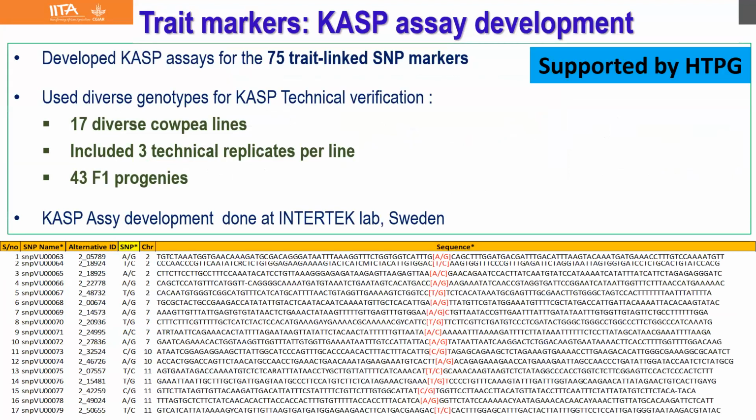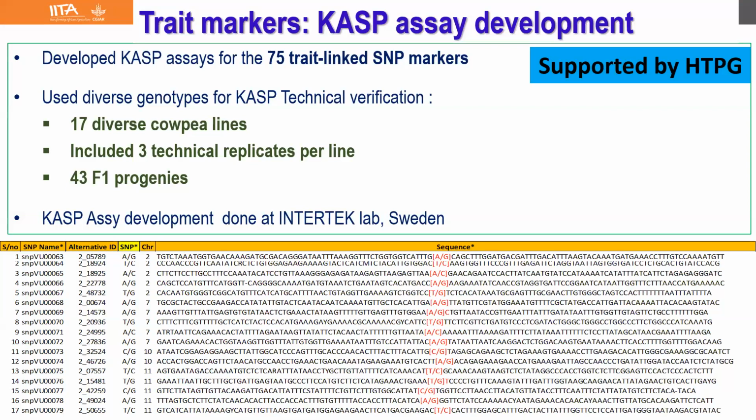These SNP markers were converted to KASP assays, and to do that, we had to verify that those markers would work properly in the population. So we used about 17 diverse cowpea lines, and we included technical replicates. Each of them was replicated so that we can be sure of any genotyping errors or DNA quality issues.